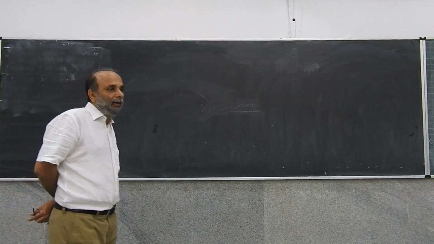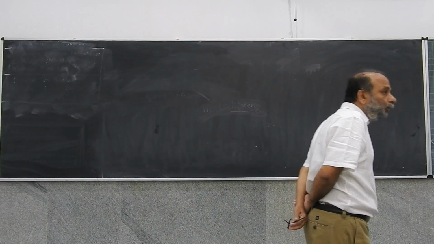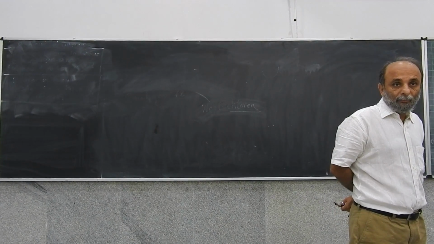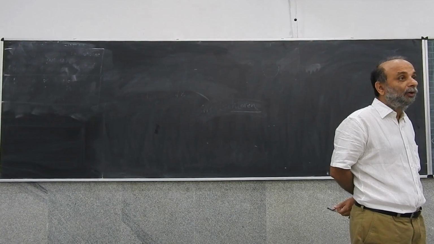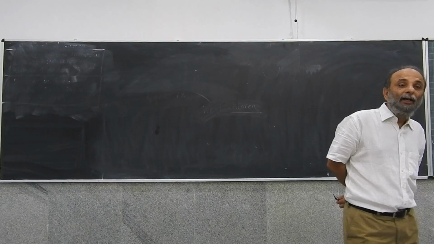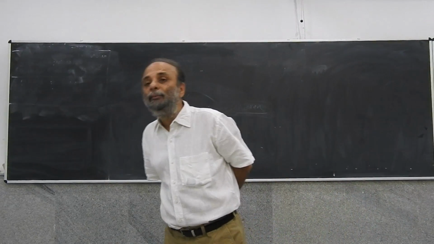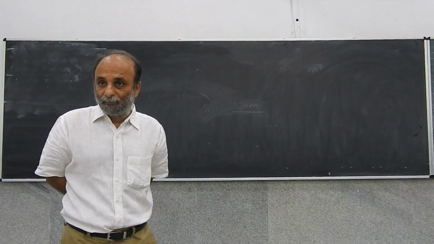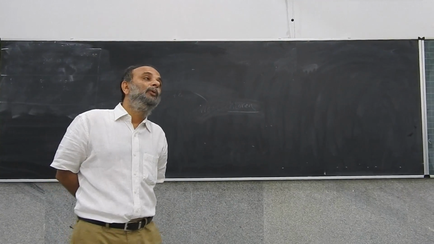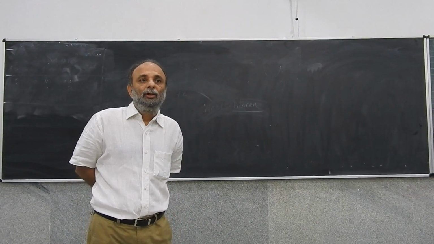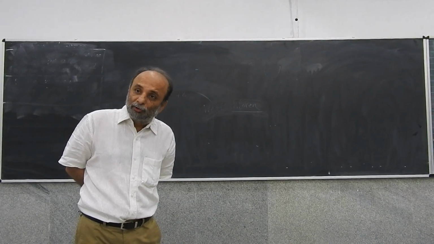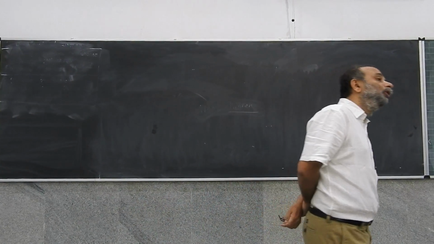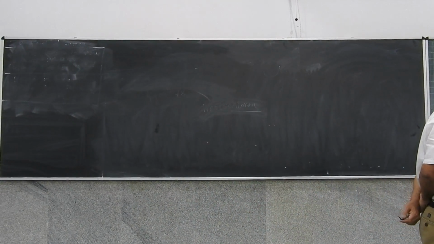We'll assume, just to take an example, suppose firm 2 knows what its cost of production is, but firm 1 does not know what the cost of production for firm 2 is. All that firm 1 knows is firm 2 can be a low cost firm with a certain probability and a high cost firm with a certain probability. On the other hand, the second firm knows its own cost of production, that it knows whether it's a low cost firm or a high cost firm, and also knows the cost of production of the first firm.